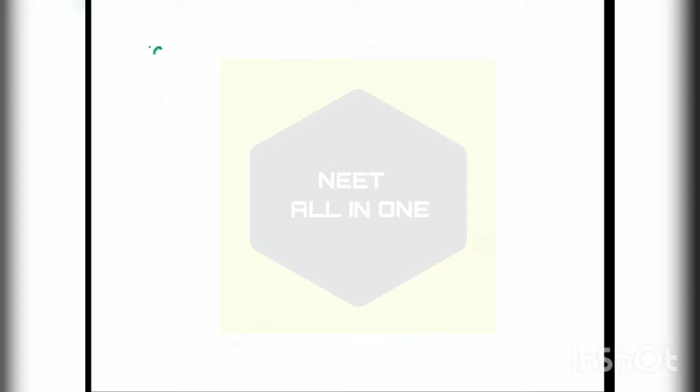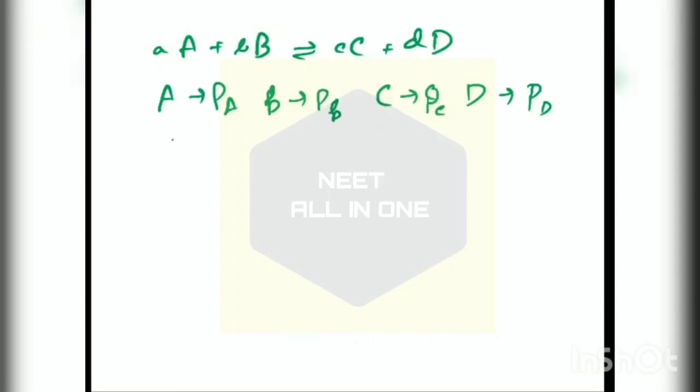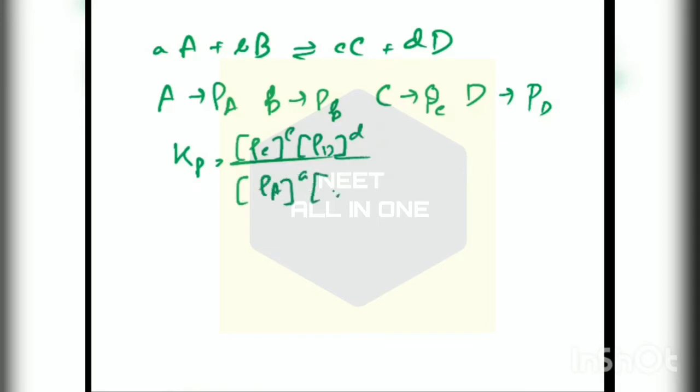Let us suppose there is this standard reaction. What will be the Kp? Kp will just replace the concentration term with the pressure term. That will be Pc to the power c, Pd to the power d, over Pa to the power a, and Pb to the power b. That's how we write Kp.